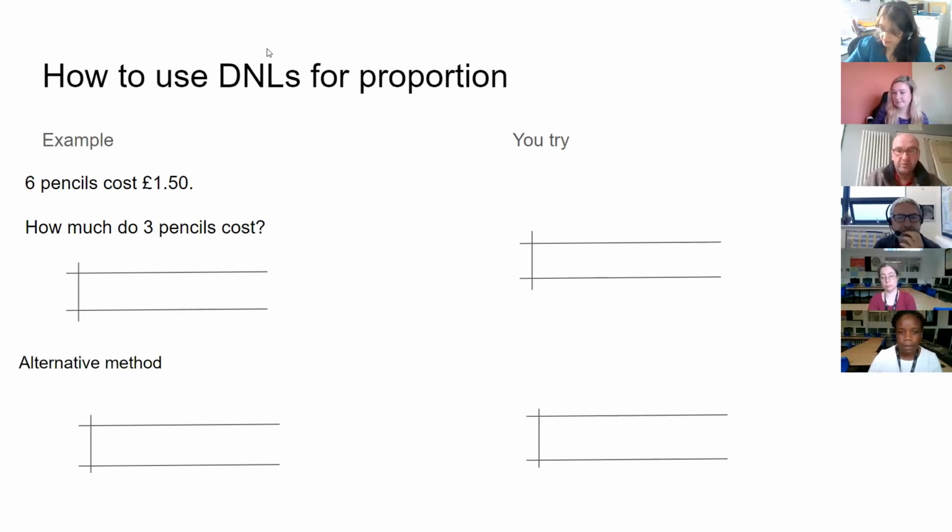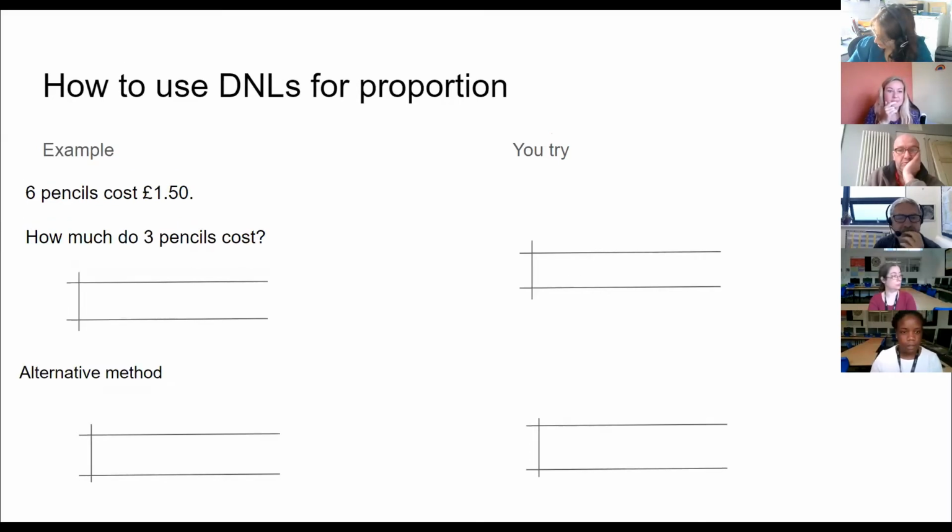First of all, when we're using DNLs, we tend to label the 2 variables. So this one will be pencils, and this part will be cost. So 6 pencils, I'll just put 6 here, represent £1.50.